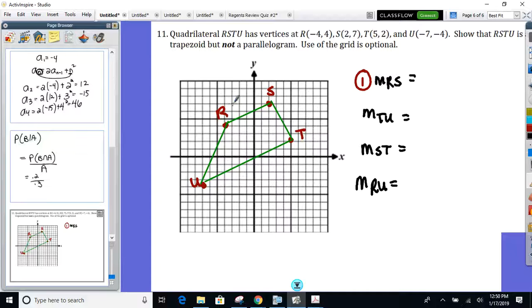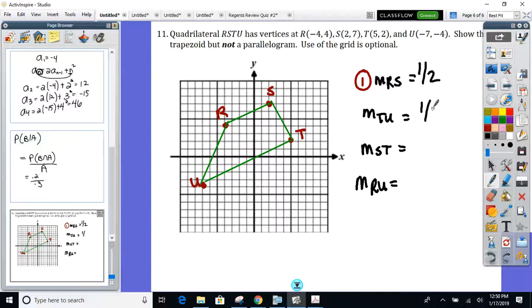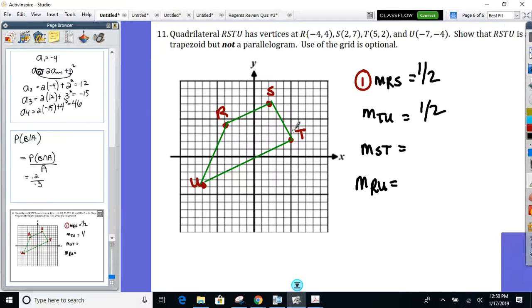RS, up 1, 2, 3 over 1, 2, 3, 4, 5, 6, 1/2 for RS. TU, up 1, 2, 3, 4, 5, 6 over 12, so that's also 1/2. ST, up 1, 2, 3, 4, 5 over 1, 2, 3. That's a negative 5/3. And RU, 1, 2, 3, 4, 5, 6, 7, 8 over 1, 2, 3, 8/3.